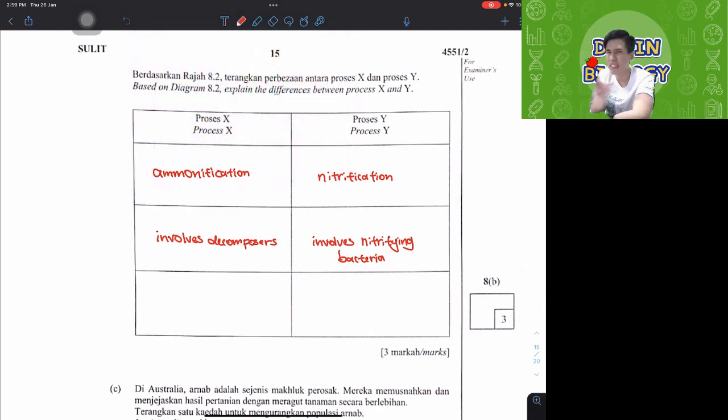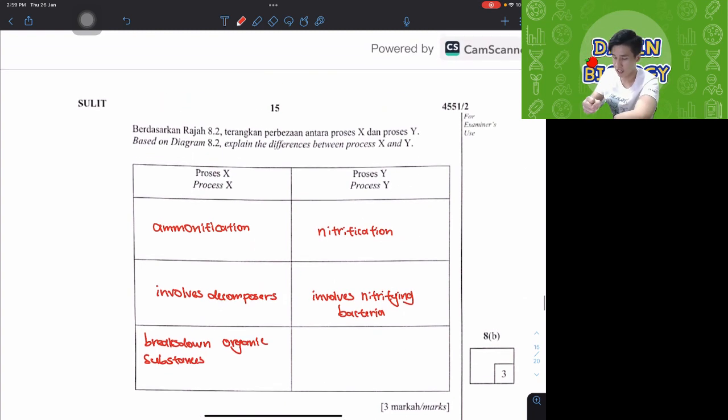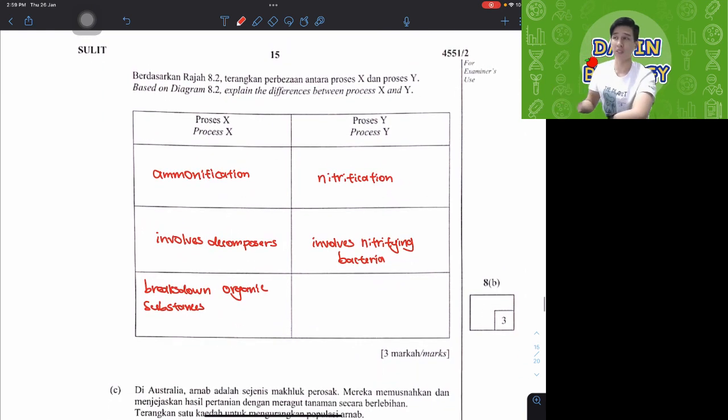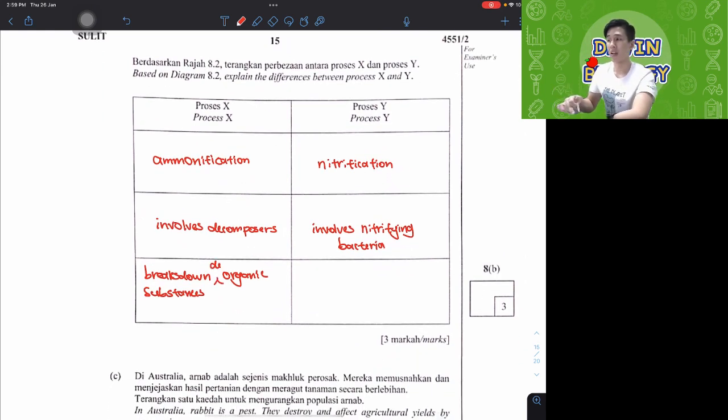Now the last difference is basically explaining the process. So we can say this one breaks down organic substances. Organic substance means living things, plants, animals.